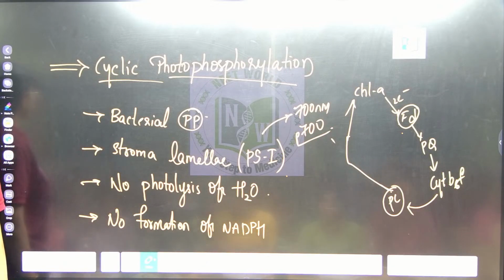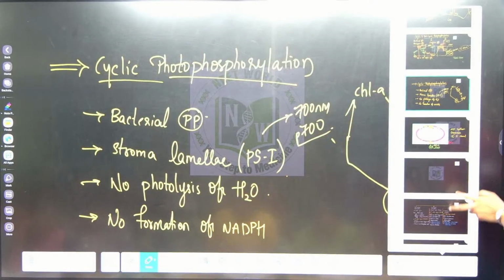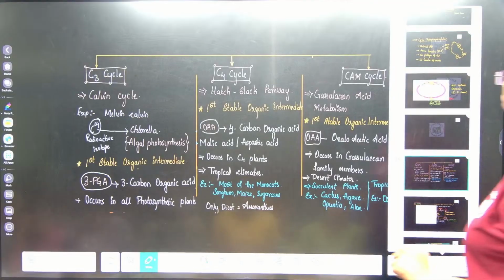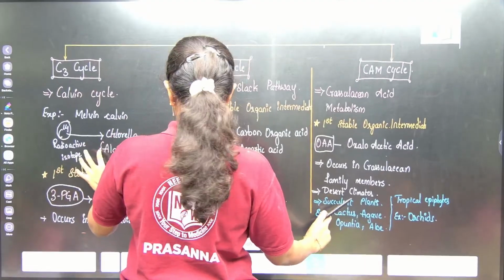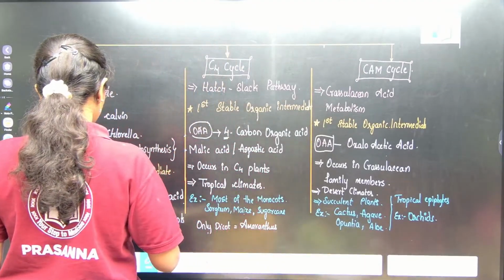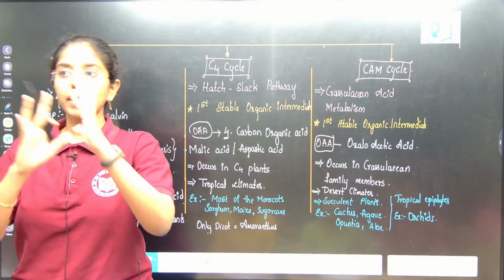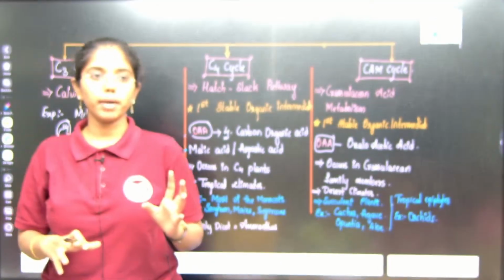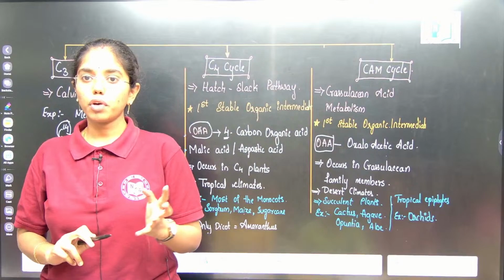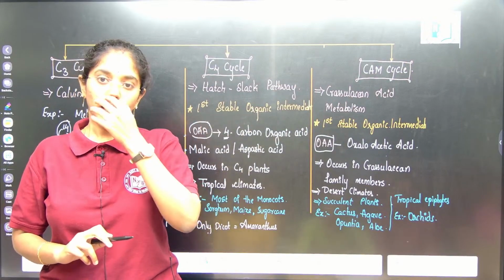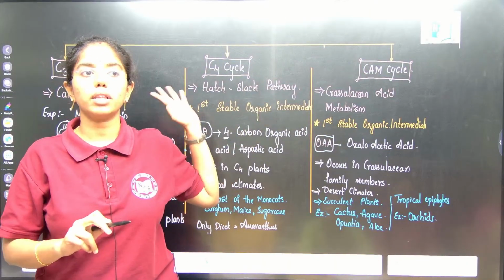Done? Now, biosynthetic phase. Listen carefully, many a times half the set of questions, if you have to take all the previous year questions from photosynthesis of higher plants, most of the questions are from non-cyclic photophosphorylation of light reactions, and half the set of questions are from biosynthetic phase.